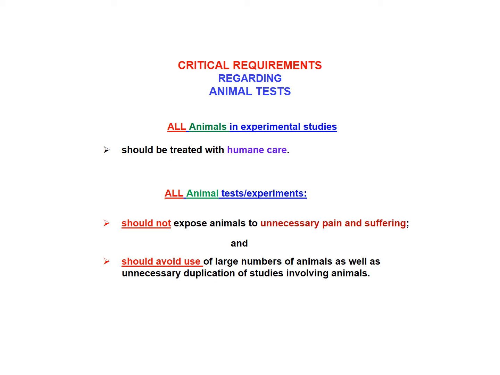Such a review will avoid the unnecessary duplication of experiments and, of course, will not use animals unnecessarily in small or large numbers.